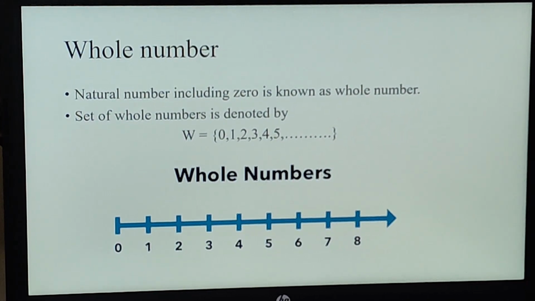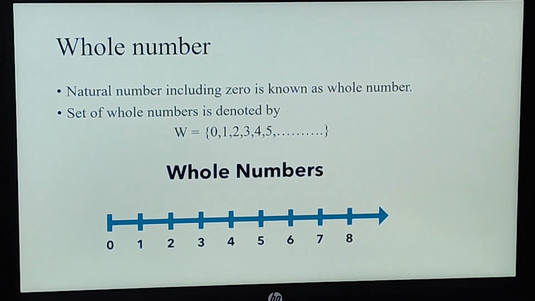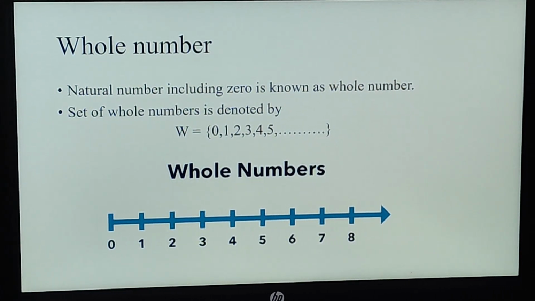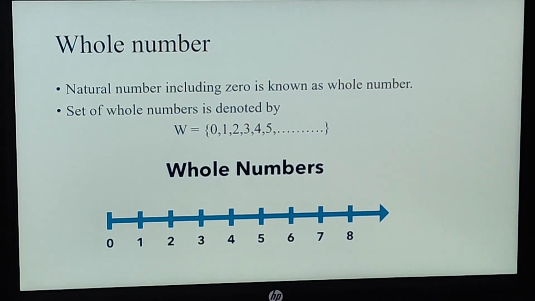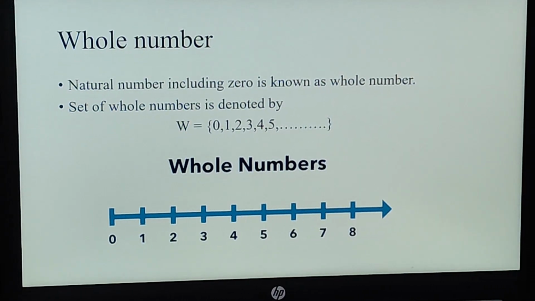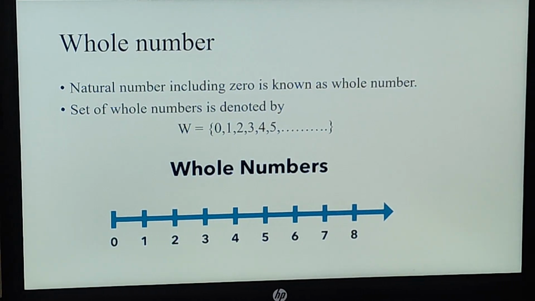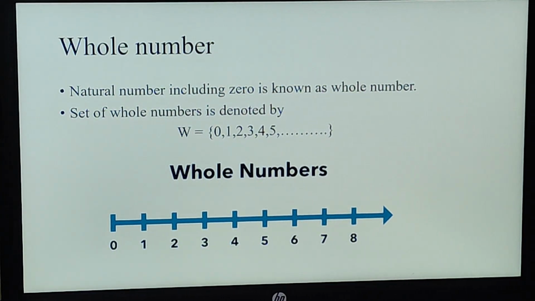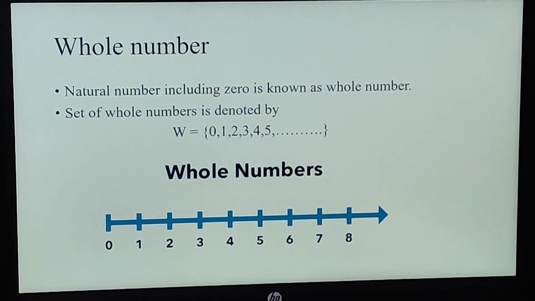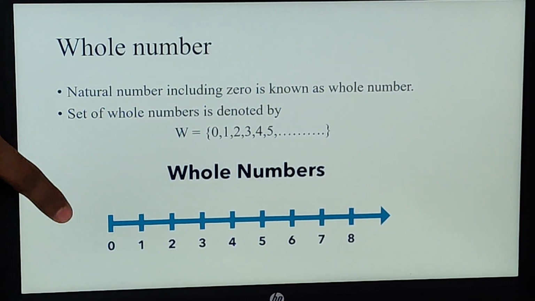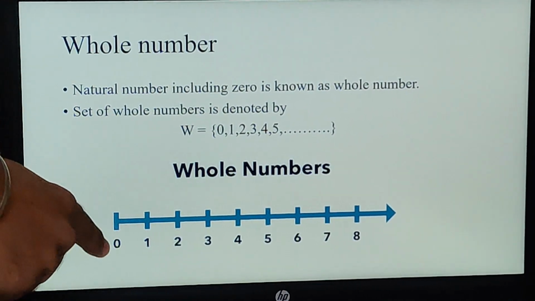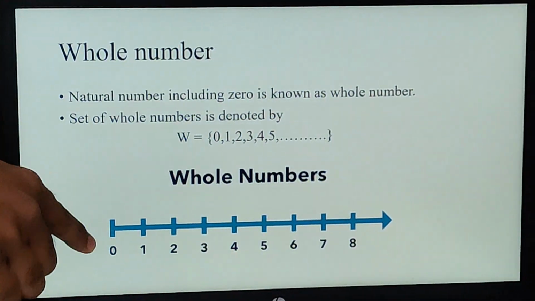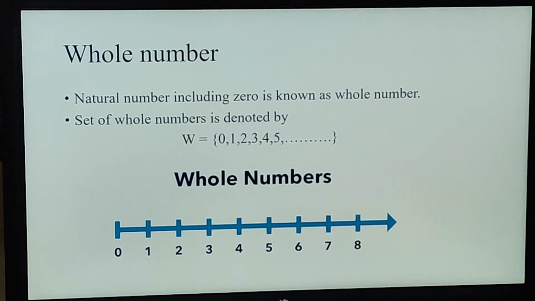All the natural numbers including 0 are known as whole numbers. The set of whole numbers is denoted by capital W, and is represented as 0, 1, 2, 3, 4, 5, 6 and so on. This is the representation of whole numbers on the number line. So these are the natural numbers, and including 0 they are termed as whole numbers.